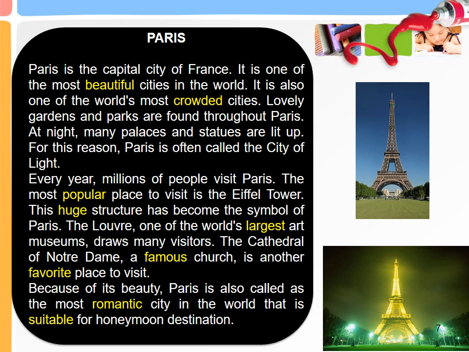The yellow printed words are adjectives. So it shows the identification of each Paris place.